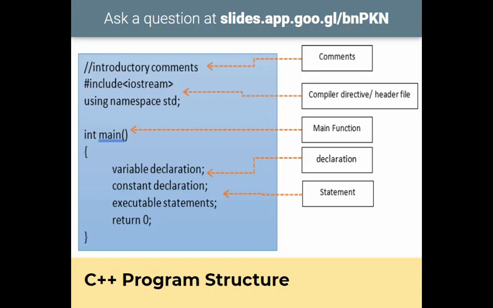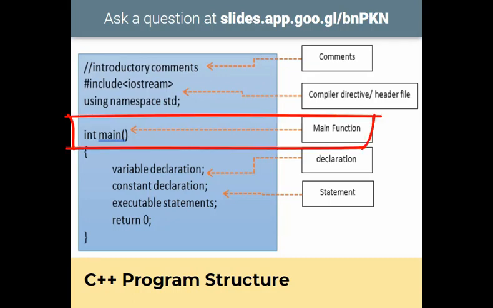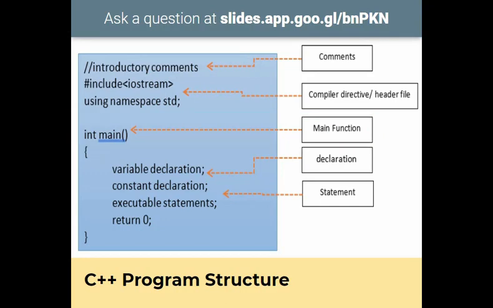Now, in the next line, we have int main(), which is what we call the main function. Within the main function, there is an open and close braces. Inside, if we have a formula or something that needs to be declared, we call this the variable declaration, and also the constant declaration if there's any.